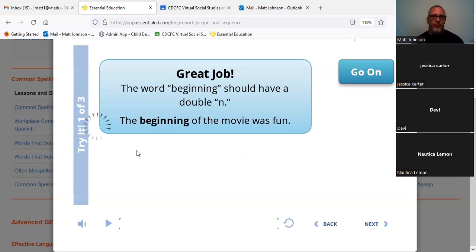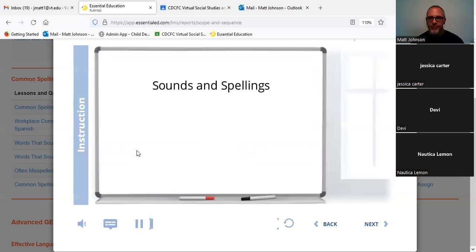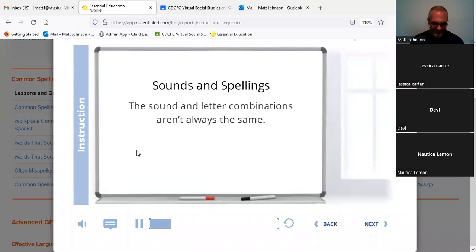You know that letters represent sounds, but English isn't very consistent. The sound and letter combinations aren't always the same. Sometimes words end in A-B-L-E, and sometimes they end in I-B-L-E. The letters E-R can sometimes sound just like A-R.